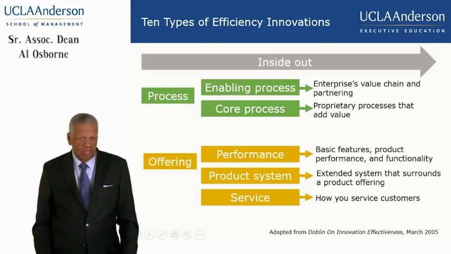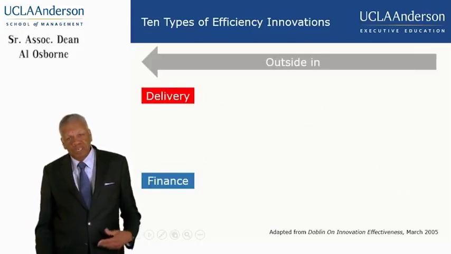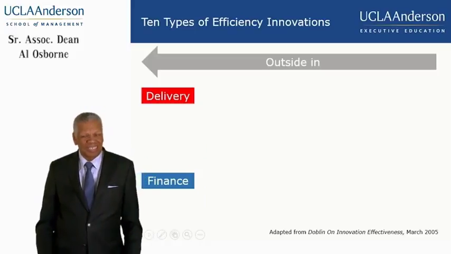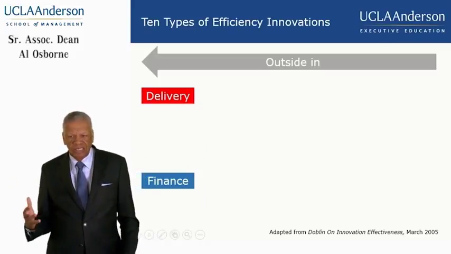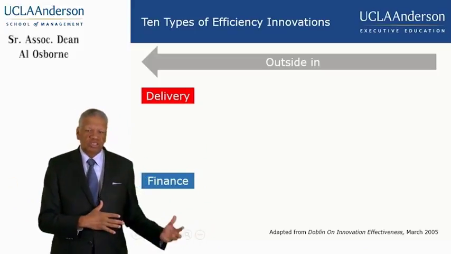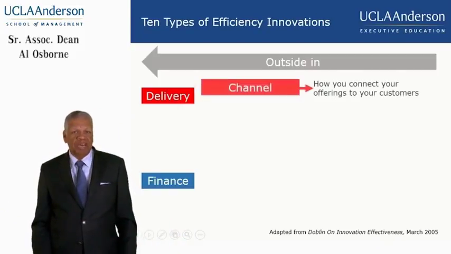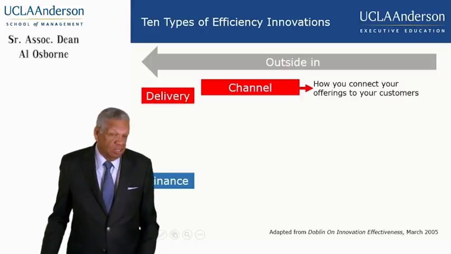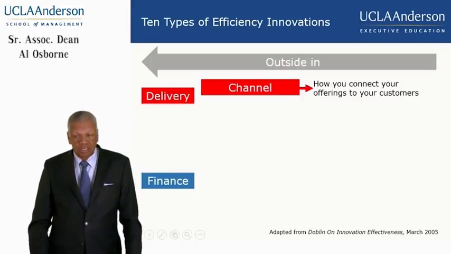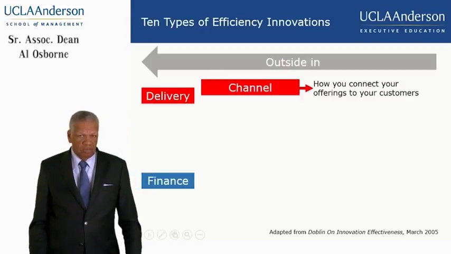But there are a few others, and one could be in the delivery, and these are viewed more from the outside in. I had given you some examples from the inside out, but from the outside in, perhaps delivery matters. The channel in which the product is connected to you as a customer matters.